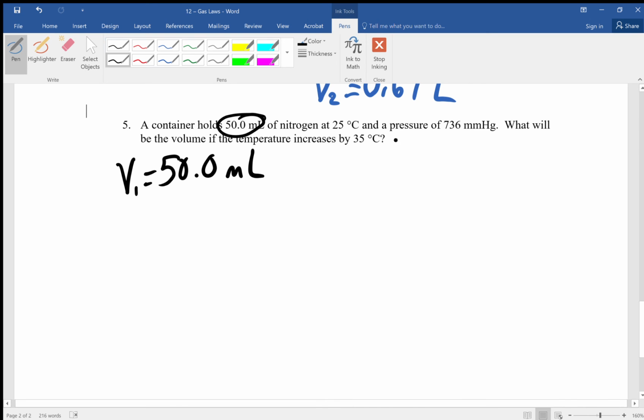And we want to know what will be the new volume if we increase the temperature. So V2 is unknown. T1, our initial temperature, is 25 degrees Celsius. As always, we have to convert that to Kelvin.